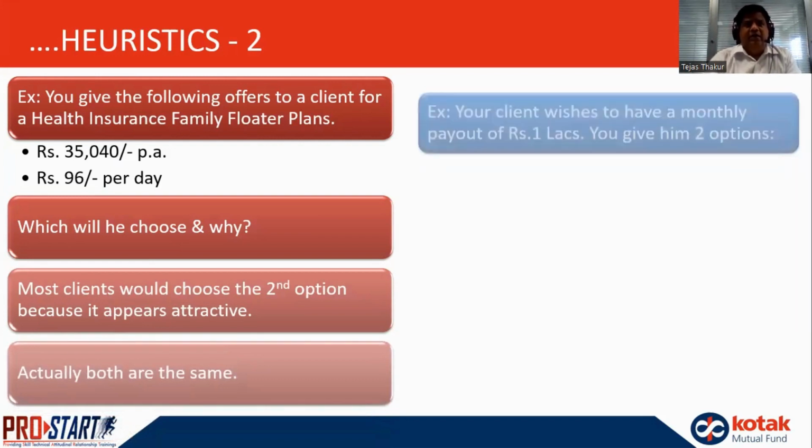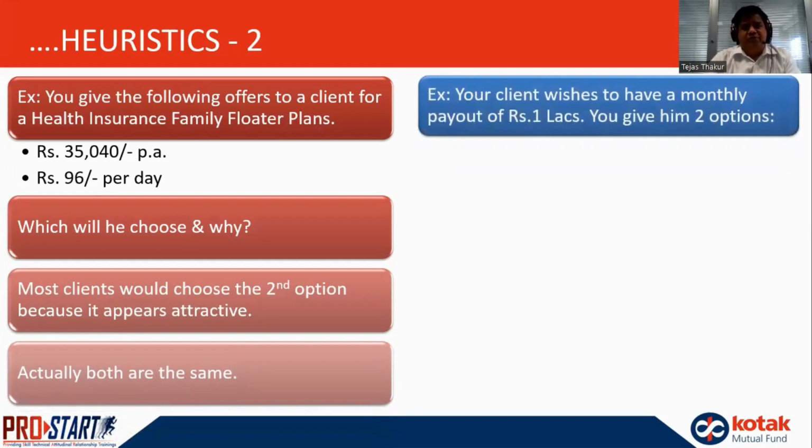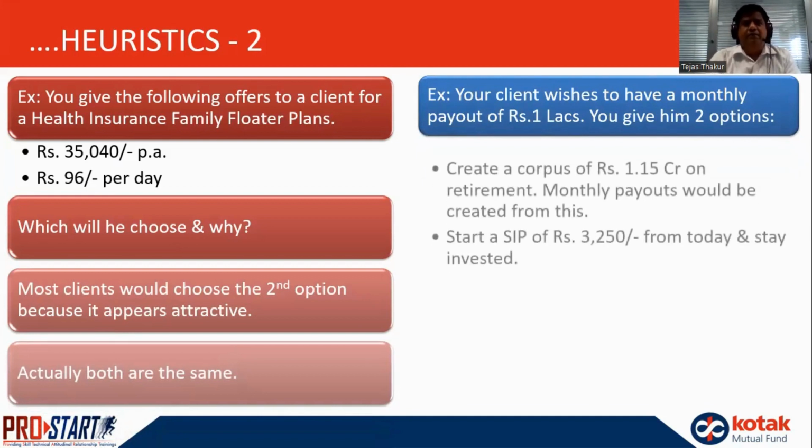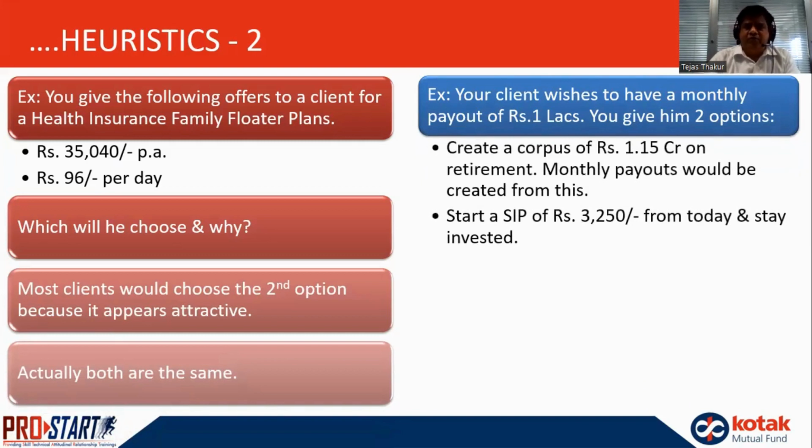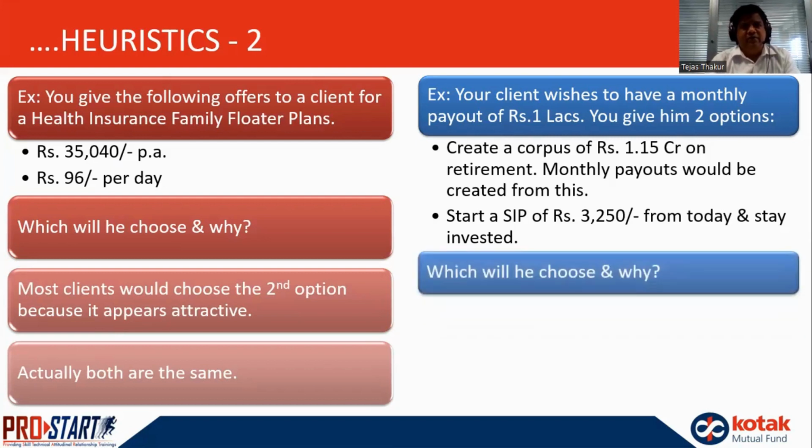Next, if I give your clients two options, that I will give him or her a monthly payout of 1 lakh rupees, and he has to choose one of the options. One is he needs to create a corpus of 1.15 CR on retirement, and I will start giving monthly payouts from this. Option two, start a SIP of 3,250 per month from today and stay invested. Which will your clients pick up and choose?